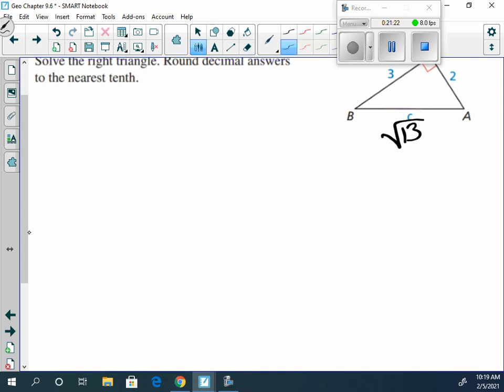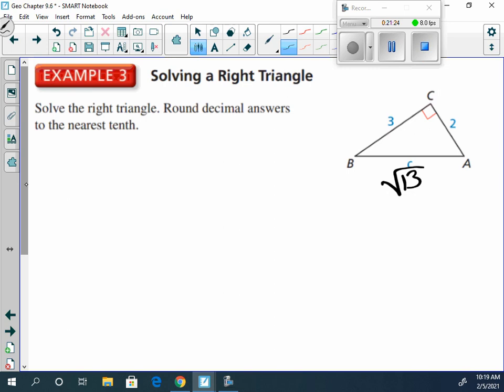So looking at the angles, we need to know them, yes? Now we're given all three sides, and we're going to need to find all three angles. Do we have a function that relates angles and side lengths together? Yes, because we have sine, cosine, and tangent.